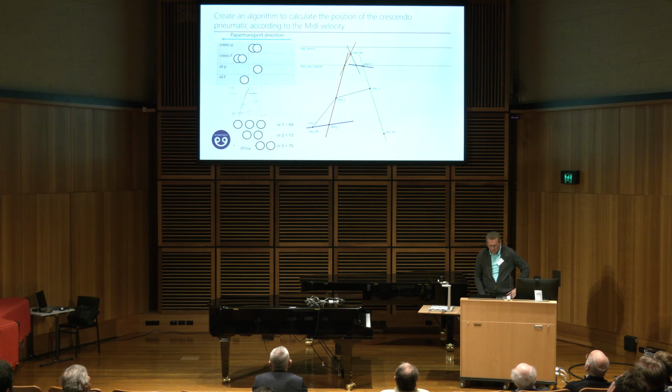So it drops faster at the first moment, and then when it's under the maximum crescendo velocity, then it takes the normal line.